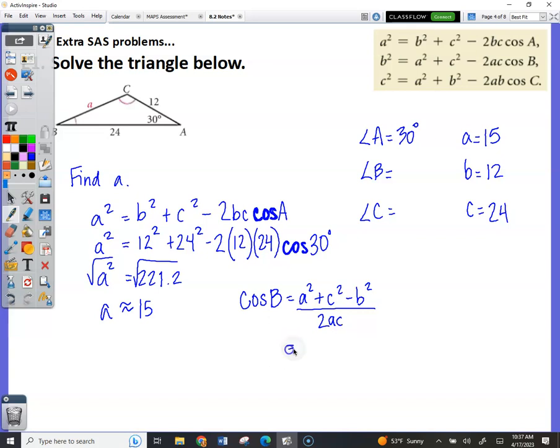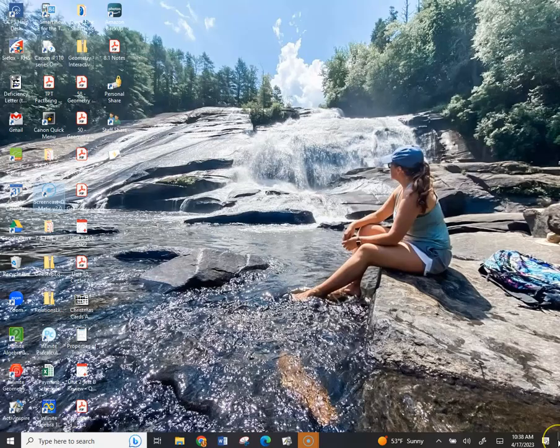Okay, so plugging that in. So cosine of angle B is this giant fraction. When you go to actually find the measure of angle B, you're going to have to do the second cosine.